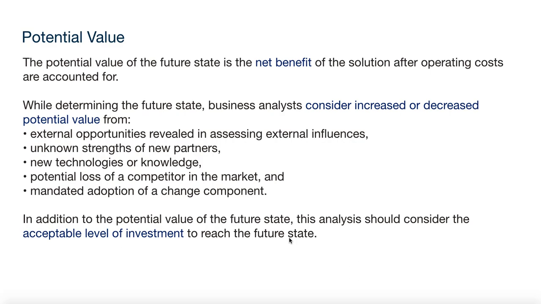Based on that, you can decide if you want to go ahead with that change, if you want to invest in that change in order to reach the future state. Generally, if it's going to be a very low value and you're only going to go at a loss, or if it's not worth it, then sometimes the idea might be dropped or paused.